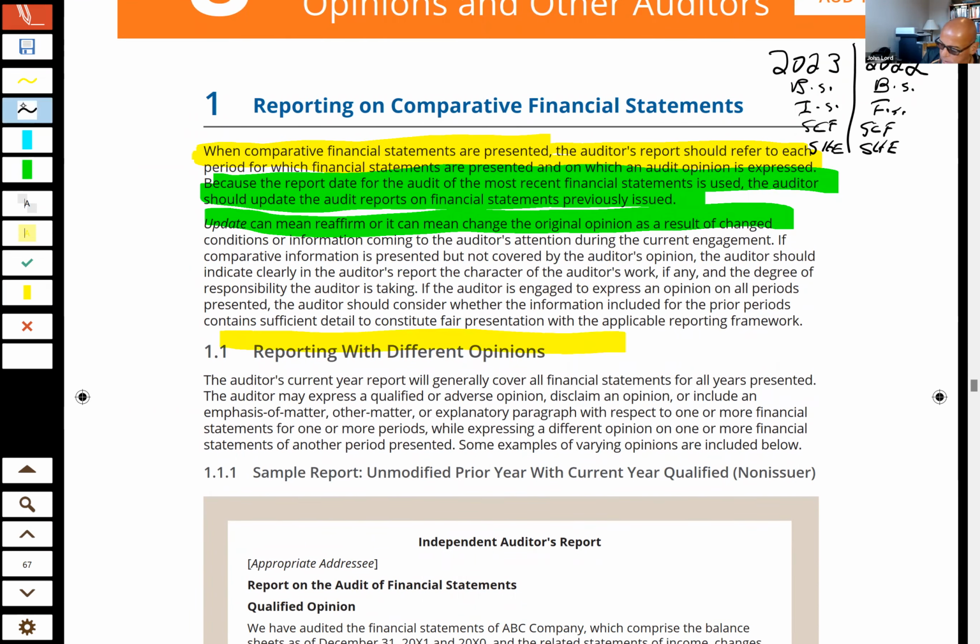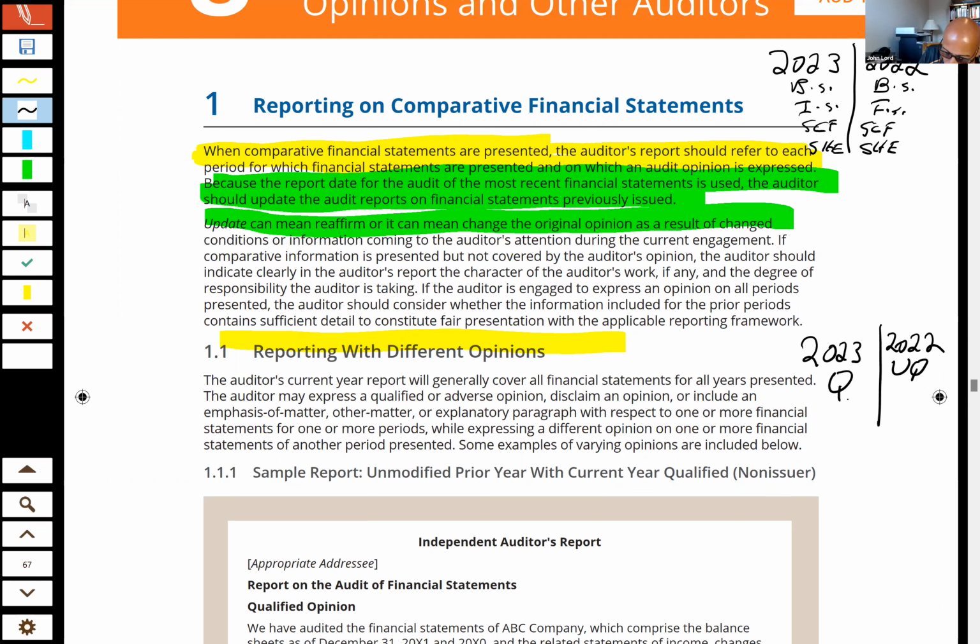Okay, now what happens if we have reports with different opinions? Now we look at 2023 and 2022 in comparative format, and let's say I was unqualified for 2022, but for some reason I had to qualify 2023. So everything was fine for 2022, and I have to now qualify 2023.